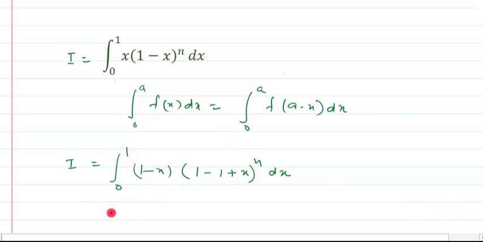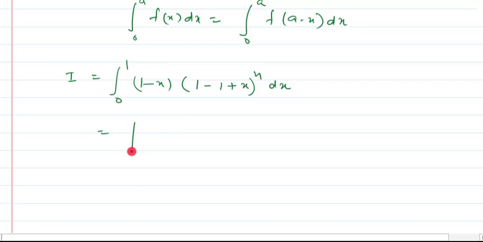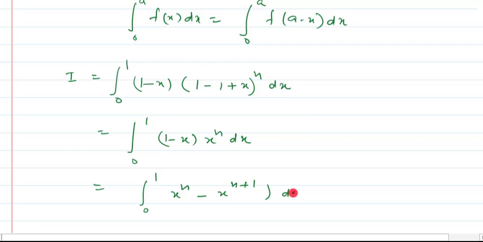Now we are having further limit remains same, that is 0 to 1, 1 minus x, and here we are left only with x power n dx. Now we can easily multiply this inside, so it will be 0 to 1 x power n minus x power n plus 1 dx.